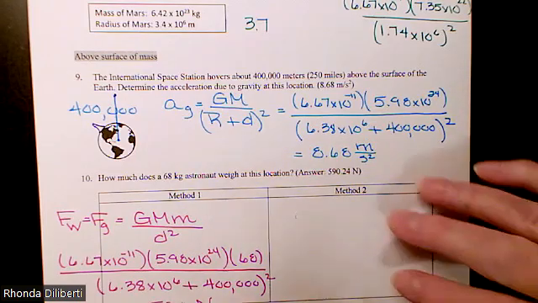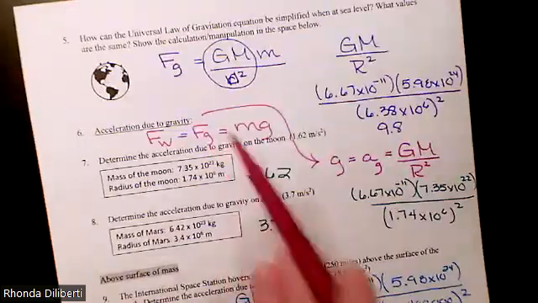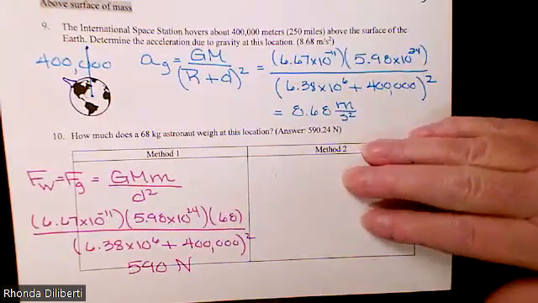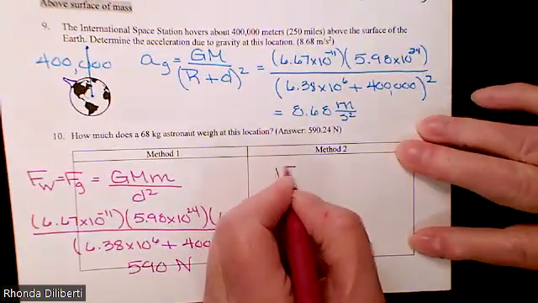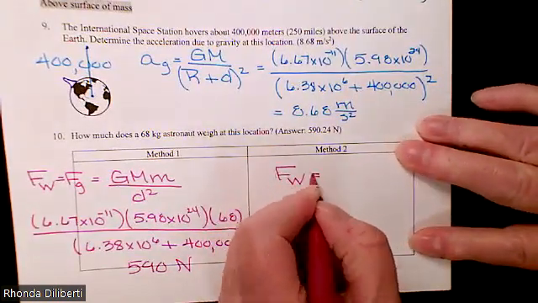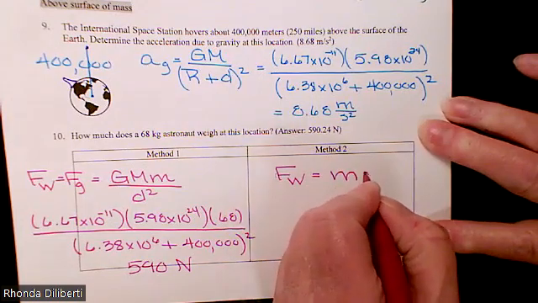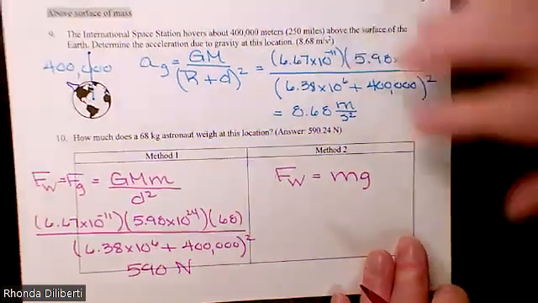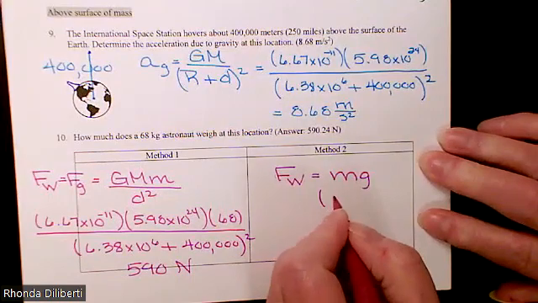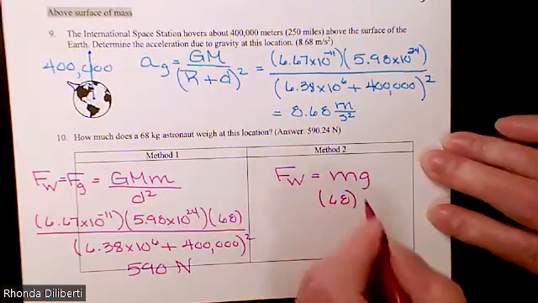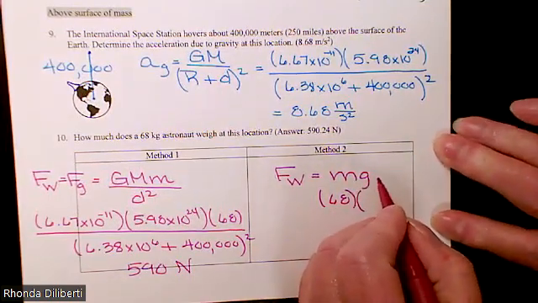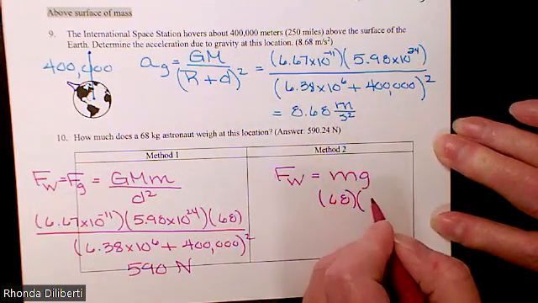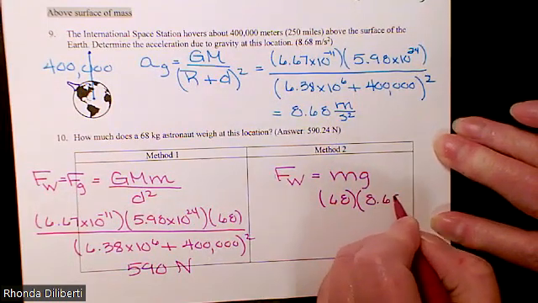Or you could use what I'll call the shortcut. When we look at the shortcut, we say the weight of something is equal to the mass times the gravity at that location. The astronaut has a mass of 68. Gravity at the International Space Station is 8.68.